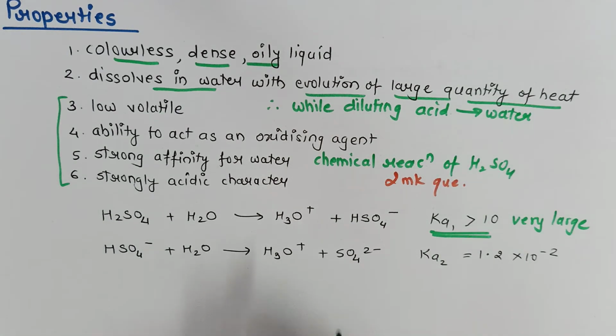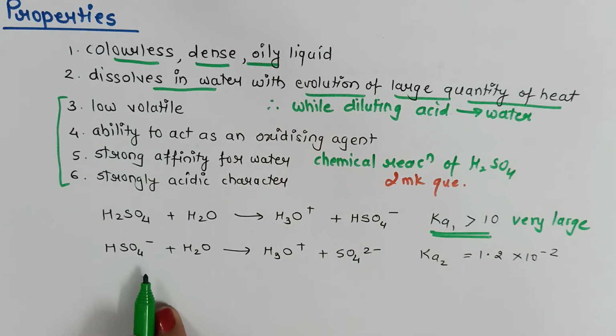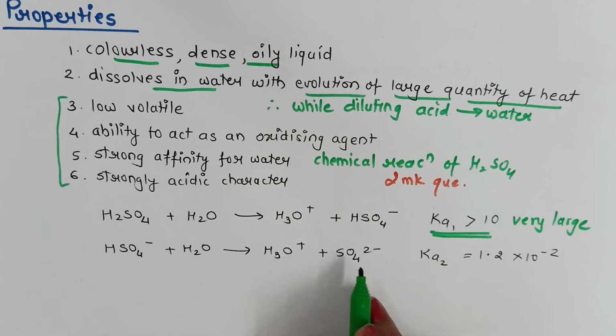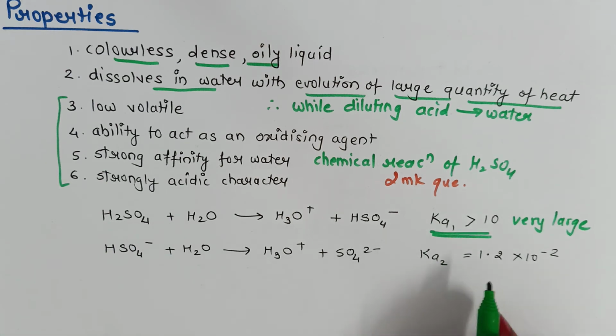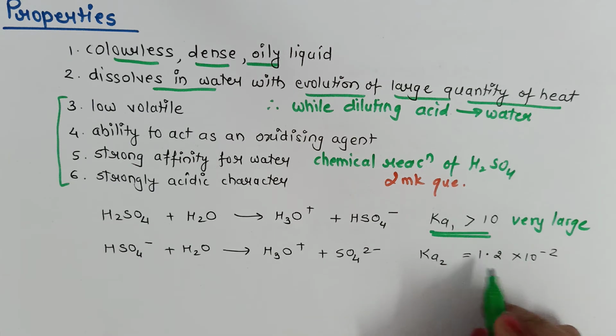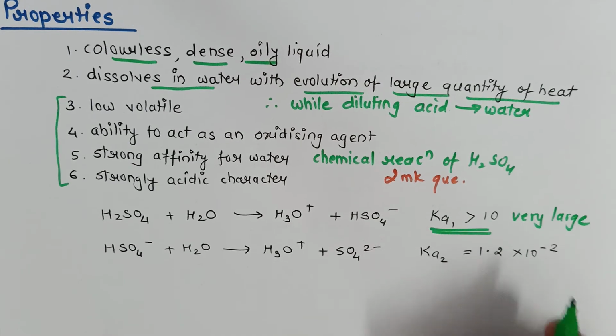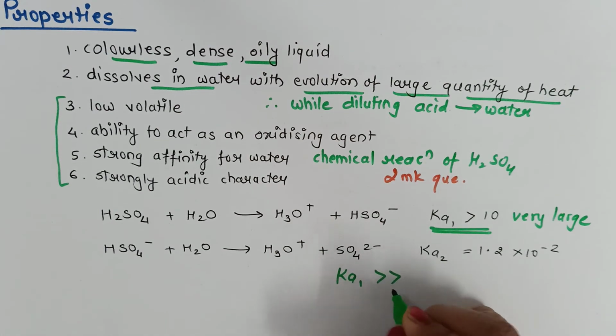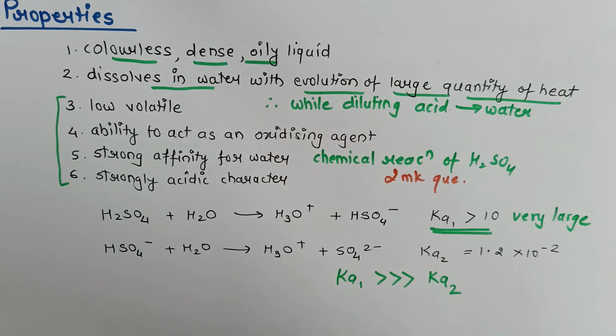Now, if we are carrying out the further dilution, hydrogen sulfate when it is diluted will result in the formation of hydronium ion and sulfate ion. But Ka for this, the dissociation constant, is comparatively very less, 1.2 into 10 to the power minus 2. So Ka1 is very high as compared to Ka2.